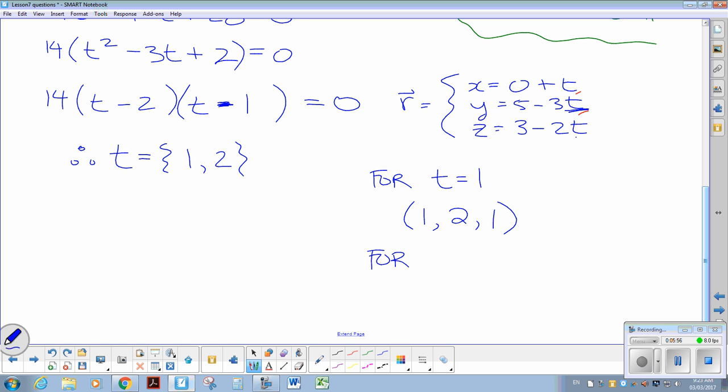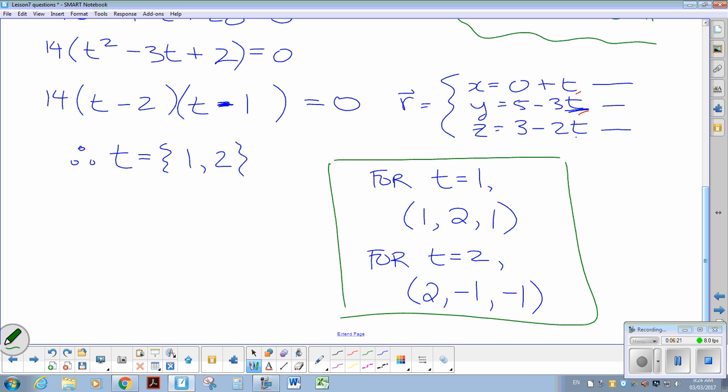And for t equals 2, I'm going to end up with 0 plus 2 is 2. 5 take away 6 is negative 1. And 3 take away 4 is negative 1. So assuming I was able to do my mental arithmetic properly and not mess up, which has happened before, those will be my 2 points of intersection.